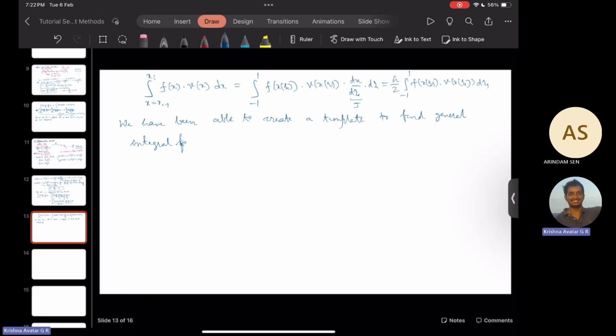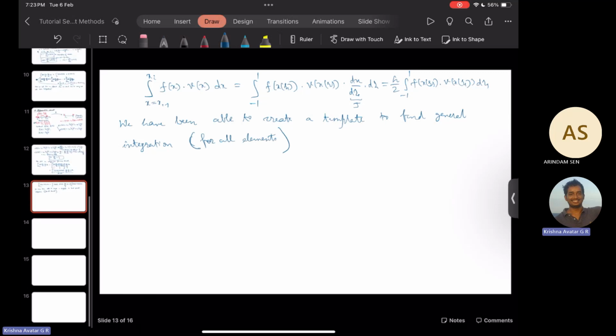What I mean to say here is for all elements. Now, what we'll do as of now is for the case when E, F, A are point dependent, or say are functions of x.